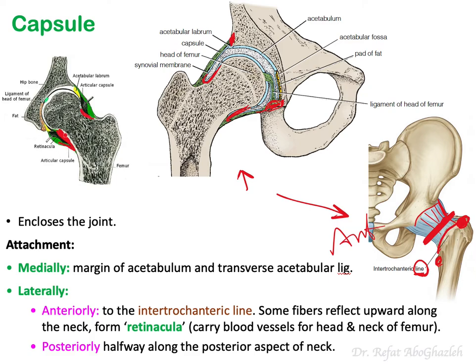So these retinacula carry blood vessels to the head and neck for supply, right? So that's anteriorly. But what about posteriorly? Yes, we mentioned that it will not reach the intertrochanteric line, but it will be in the posterior aspect of the neck, as I mentioned.